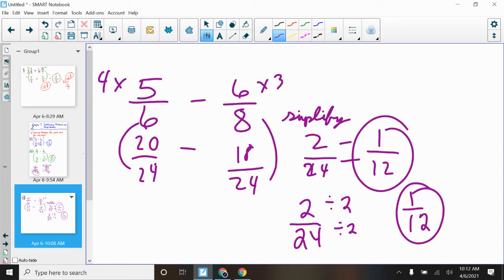Remember we had 3 and 5. And notice, the directions say, find the difference, which means this is a subtracting problem. And then write your answer in simplest form. Don't leave it not in simplest form.